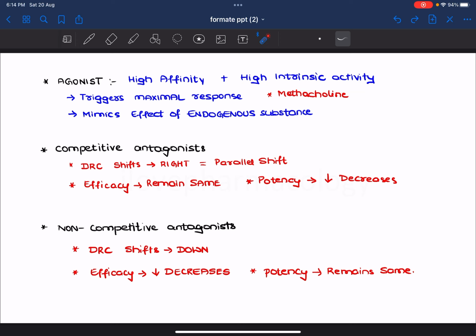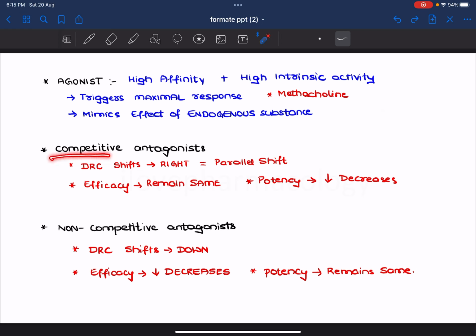So whenever the agonist is attached to the receptor, it triggers the maximal response. It usually mimics the effect of the endogenous substances. So one such example is methacholine, which is a cholinomimetic agent. Please remember, methacholine is a cholinomimetic agent which mimics the response which is produced by acetylcholine when it acts on the cholinergic receptor.